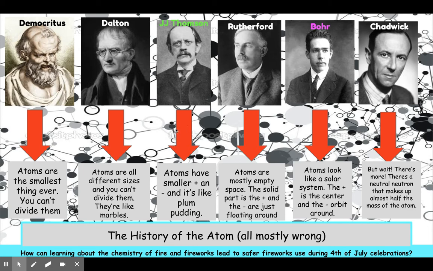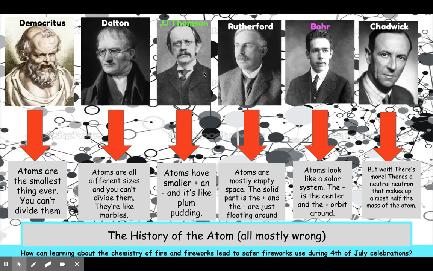But imagine the muffin is like the positive, and the little negatives are the little cherries or berries scattered throughout the muffin. So he built upon Dalton's model and he said, there's more to it. There's these positive and negative components, and we're going to come up with a different model.